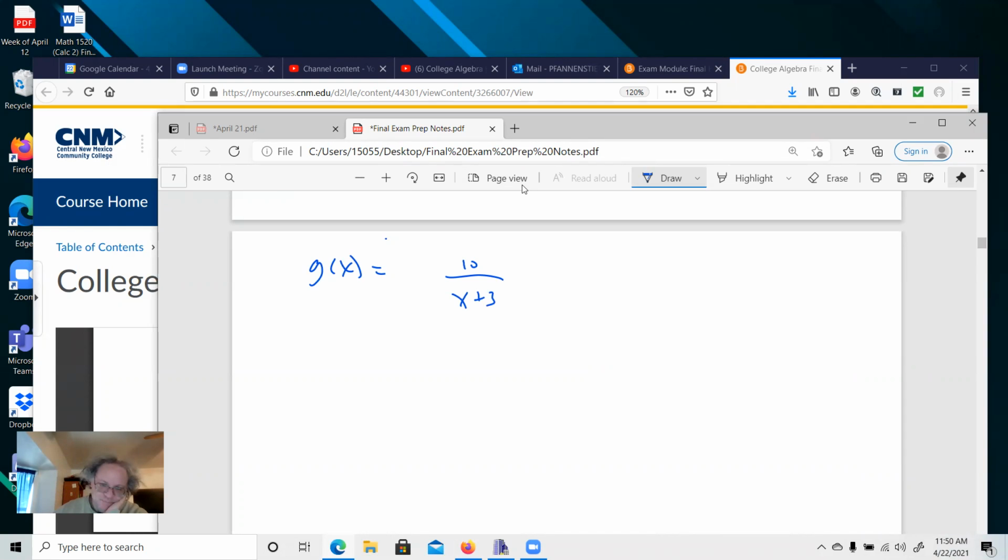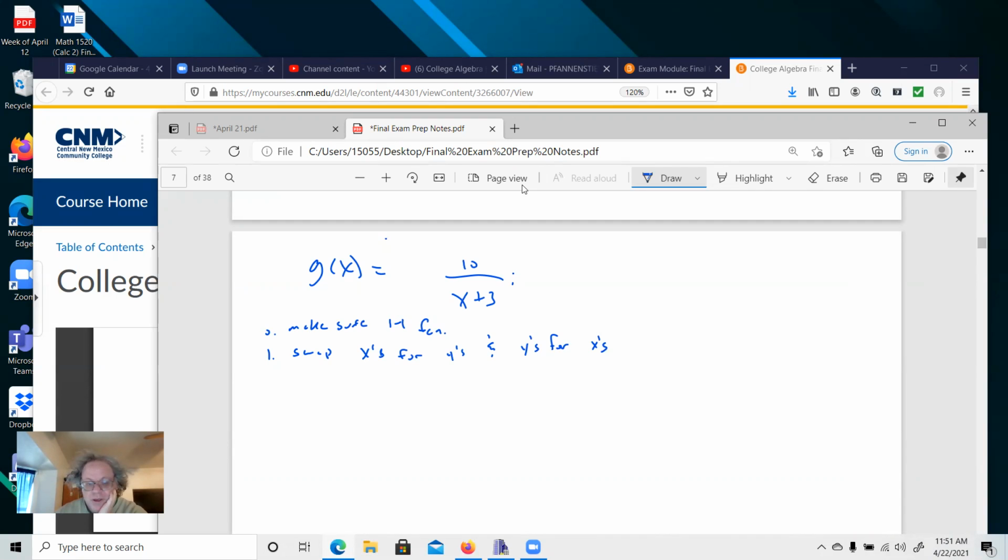So here's what we got. Our steps here are replace, swap. Well, actually, our 0 step here is to make sure it's a one-to-one function. Then we're going to swap x's for y's and y's for x's.